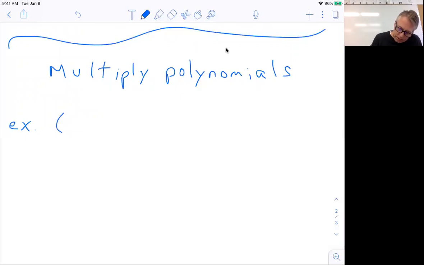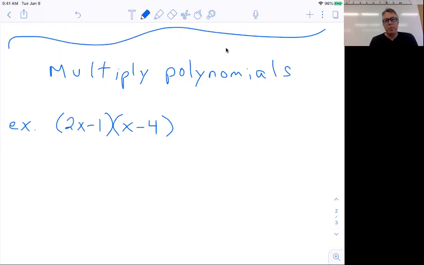But if we had something like 2x minus 1, that's a polynomial. That is a first degree binomial. So if we multiplied that binomial by x minus 4, so just to throw some terms around, we are multiplying two binomials, we would FOIL that out.